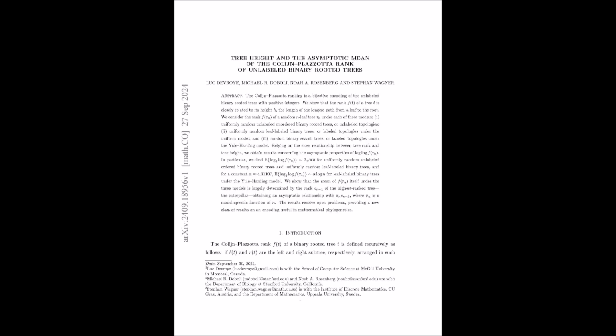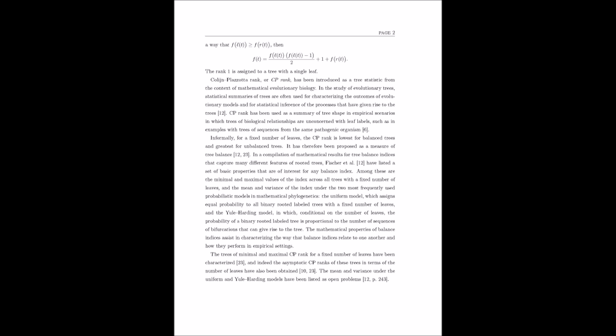But how does this ranking system actually play out when we start introducing the element of randomness? Ah, that's where things get really interesting. So we're not just looking at trees that already exist, we're creating a forest from scratch. Yeah, but instead of planting actual seeds, we're using algorithms to determine how the trees grow. How does that work exactly? Imagine you're flipping a coin. Heads, a new branch goes to the left.